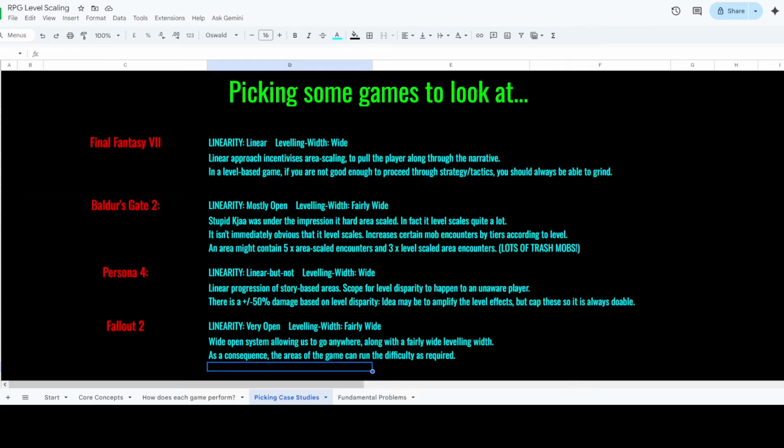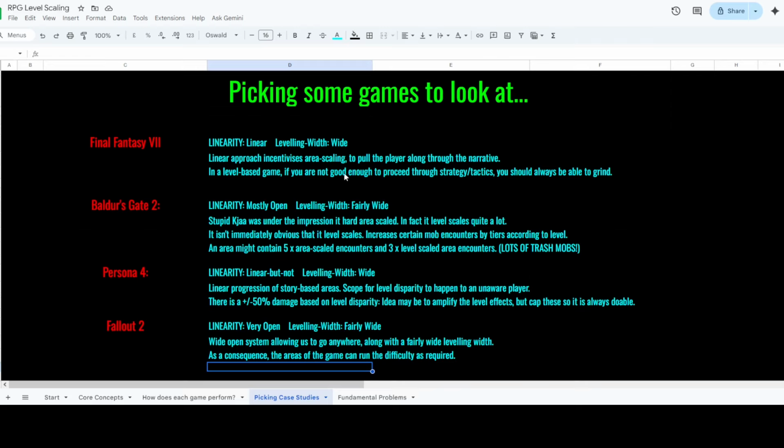Is that clear? I want you to know what I mean. When we think about not levels like character levels, but levels like stages in Mario, your stage design is going to be heavily... your theme is going to be set by the enemies that you encounter.